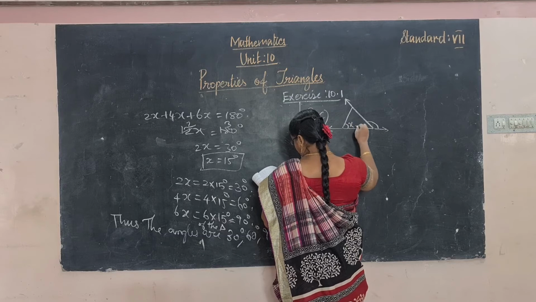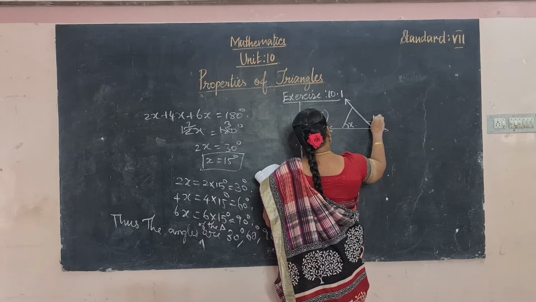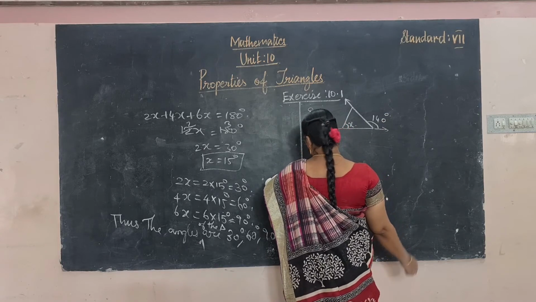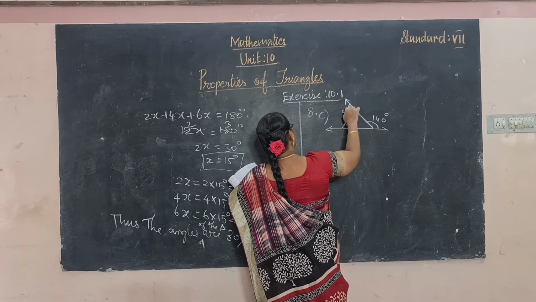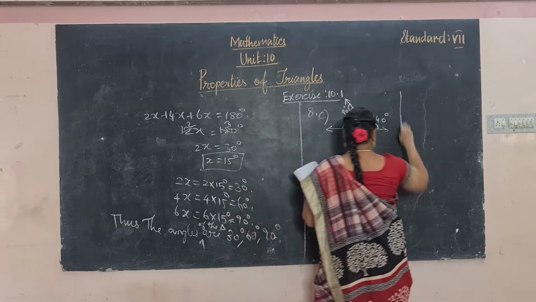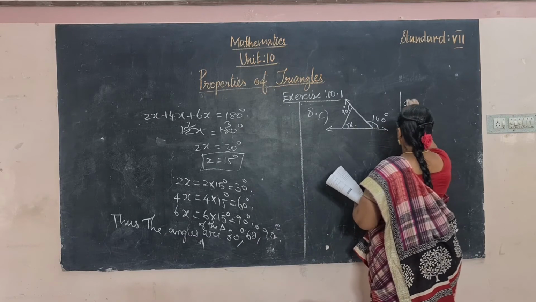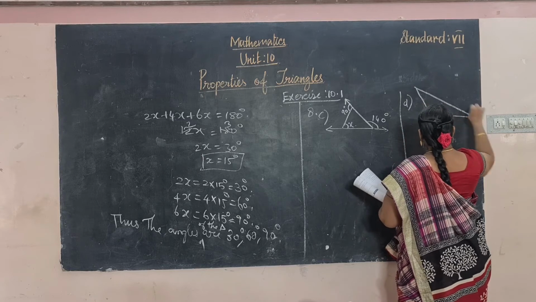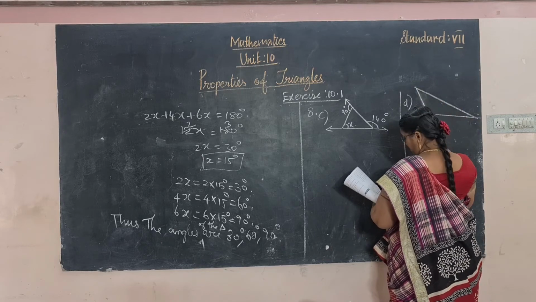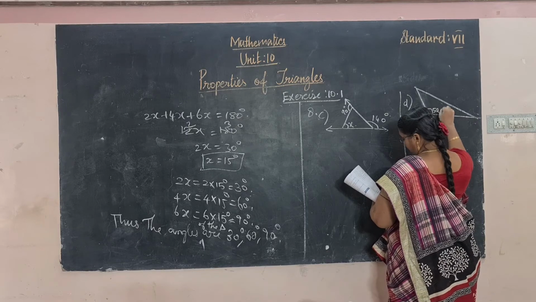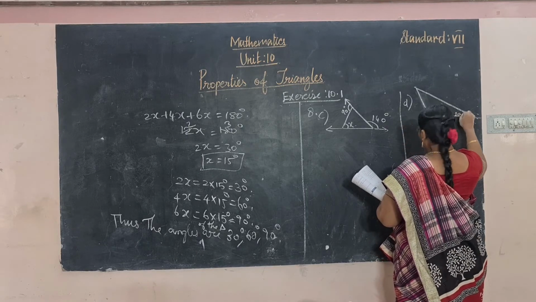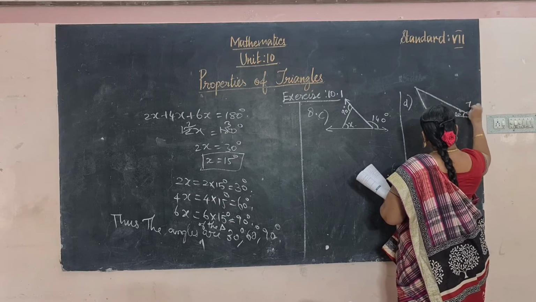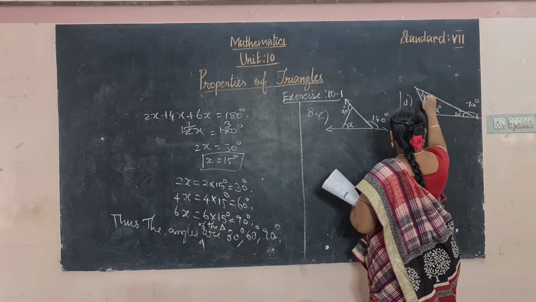X, 140 degree, this angle is 90 degree. And D problem, A degree, 2A degree, 7A degree, here x.